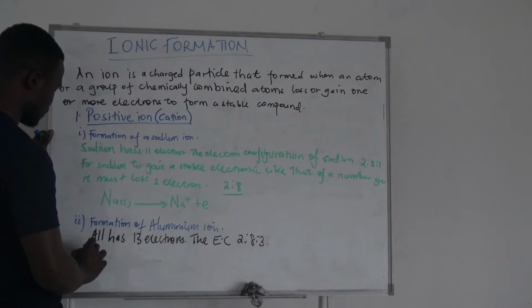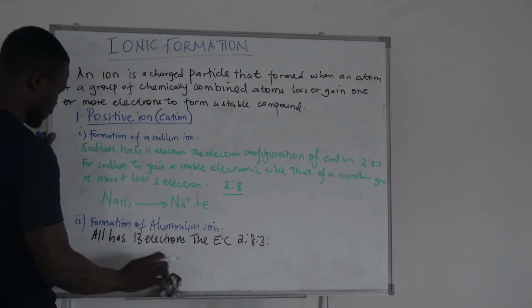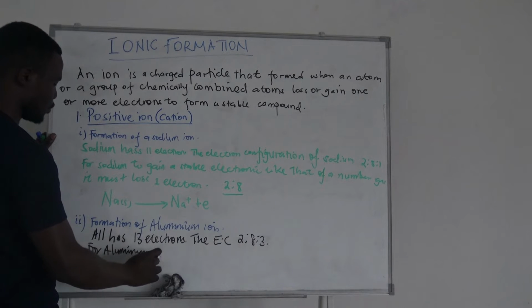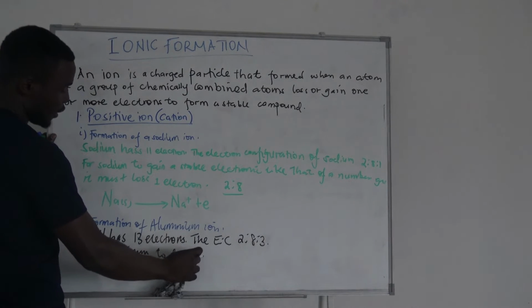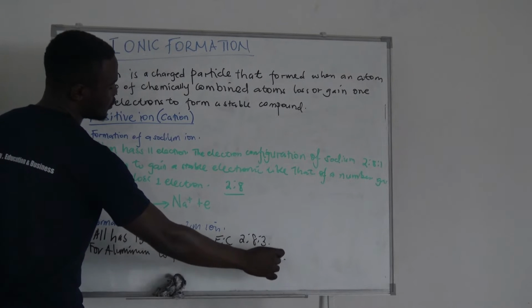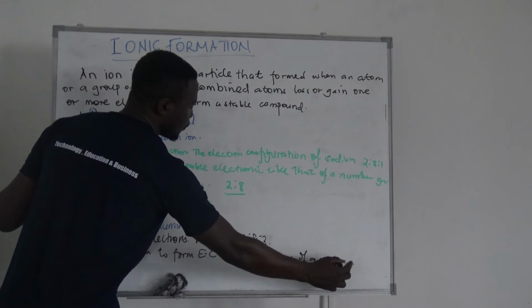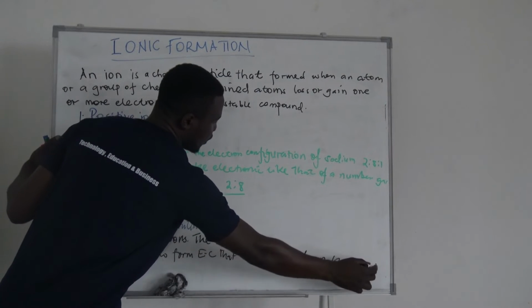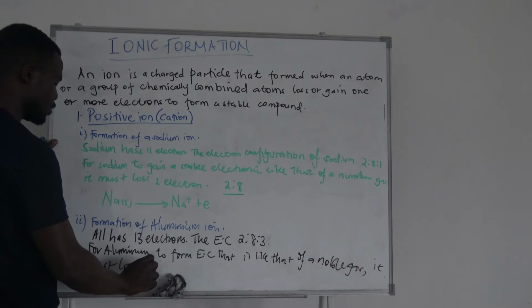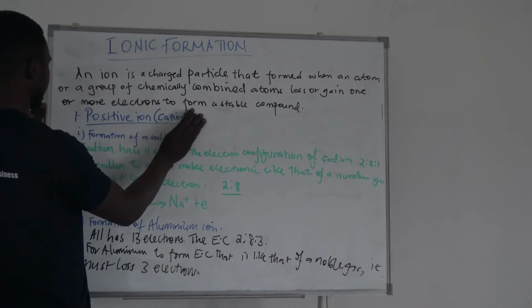For aluminium to form an electronic configuration like that of a noble gas, it must lose 3 electrons.